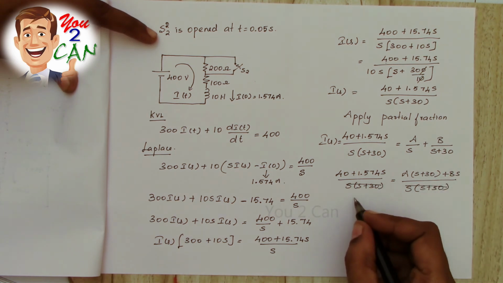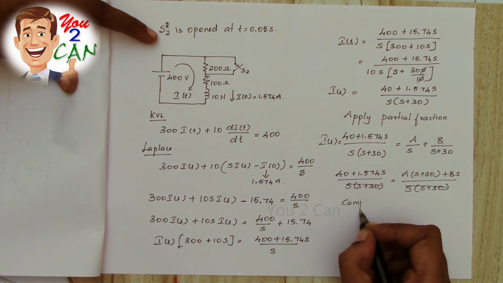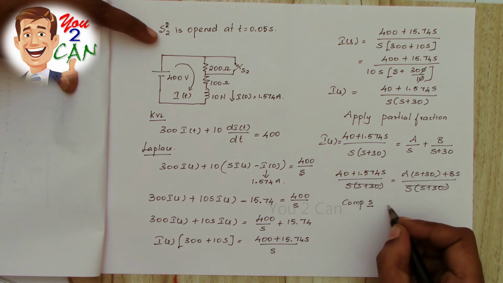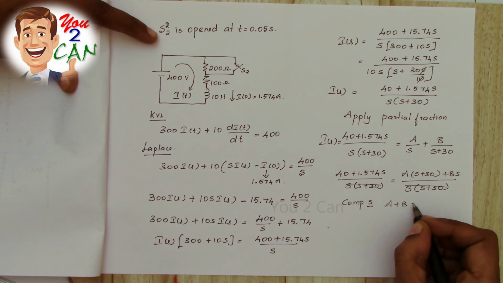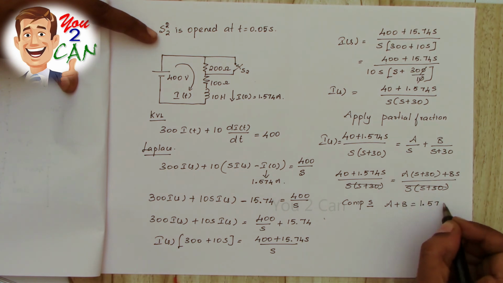Cancel this. Compare s term. S term is a plus b, here it is 1.574.